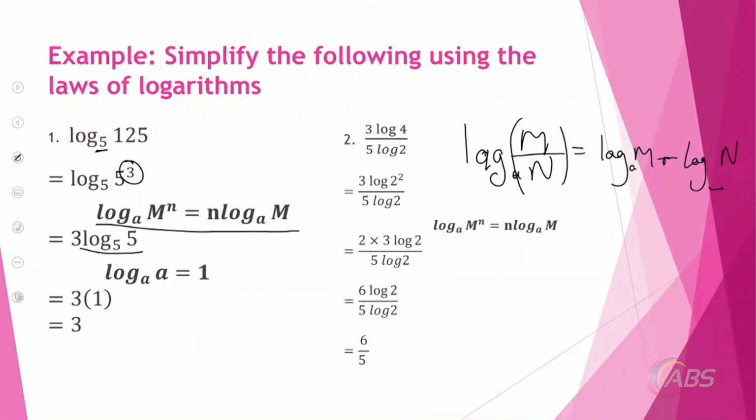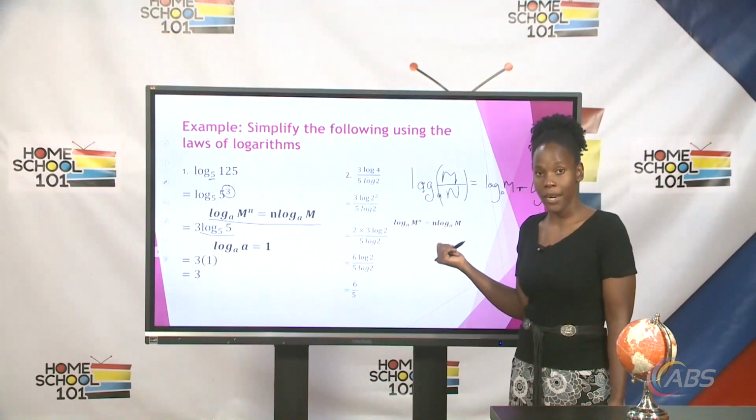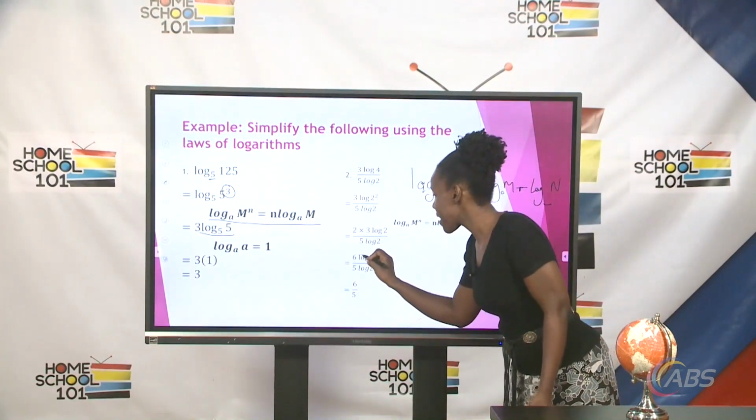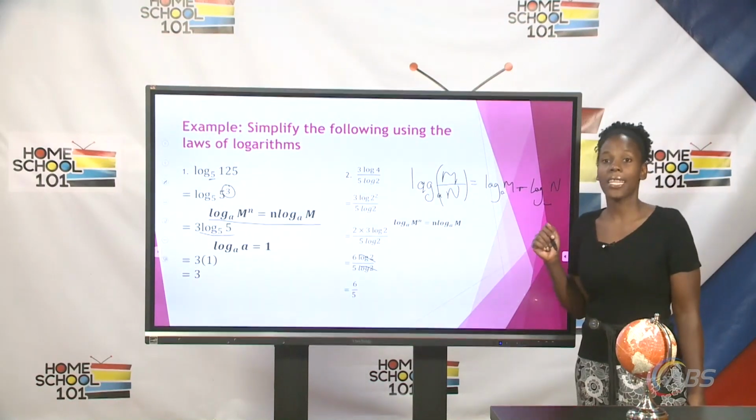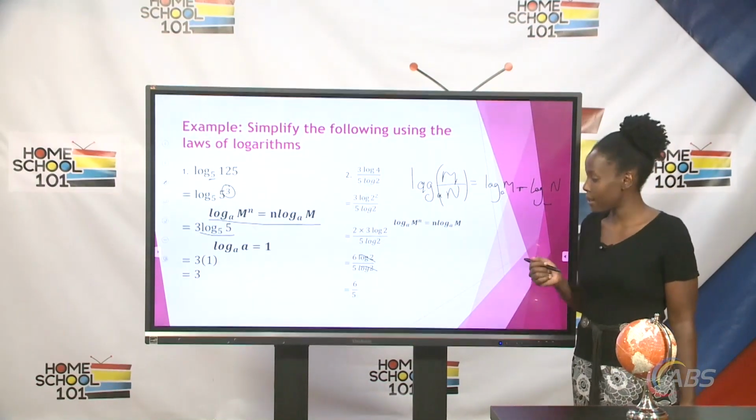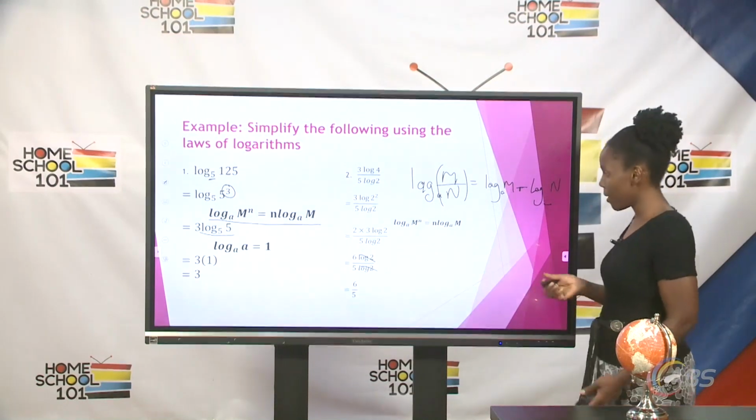So this then becomes 2 times 3, which gives me 6 log 2 divided by 5 log 2. Because the logarithm of 2 is common in both the numerator and the denominator, I can cancel the log 2, and that gives me a value of 6 divided by 5.